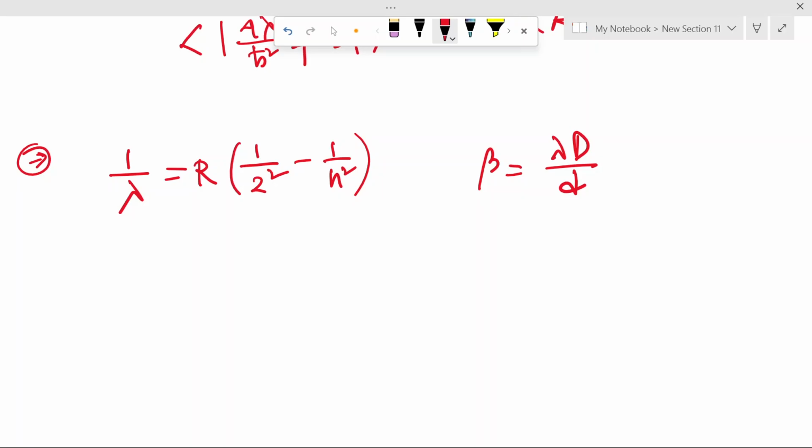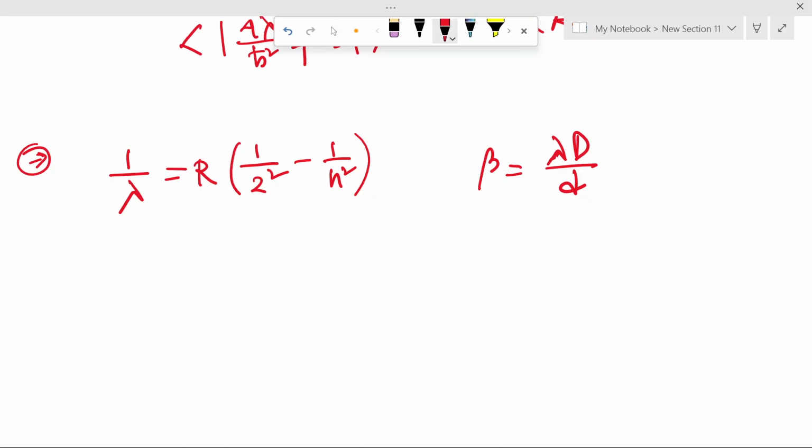So for different values of lambda, different spectral lines mean different values of lambda, right? So how would you need to change this small d, that is the distance between the slits, so that your beta, this fringe width, for all these colors is the same.